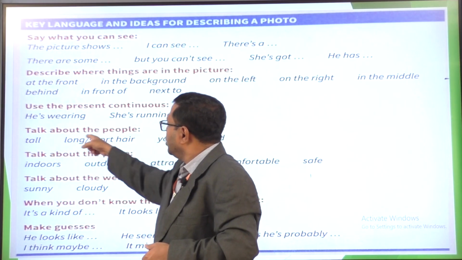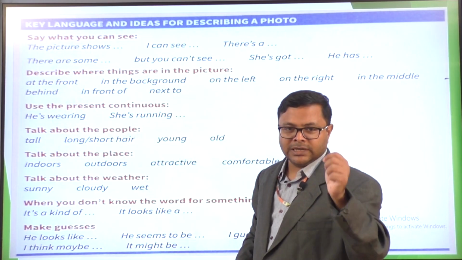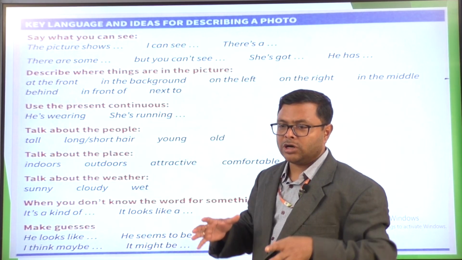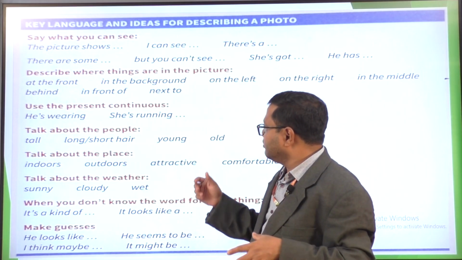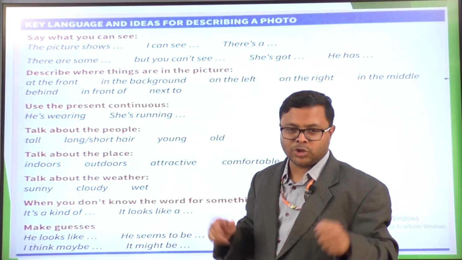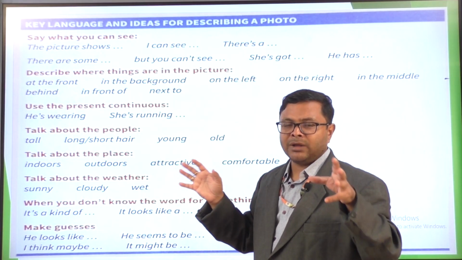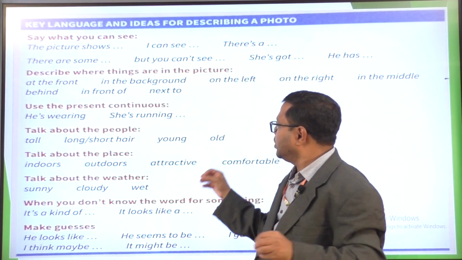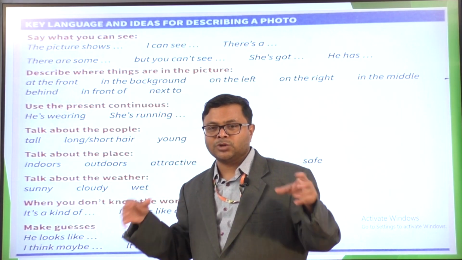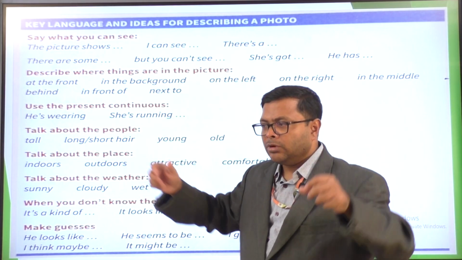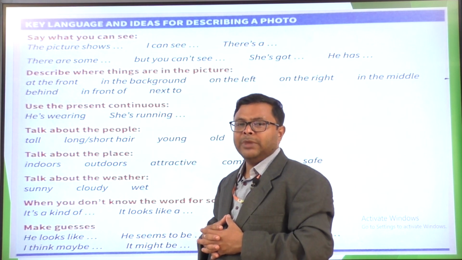Then talk about the people, whether they are tall, short, fat, or they have long hair or short hair, they are young, old, their color, height, weight, different things you can mention.